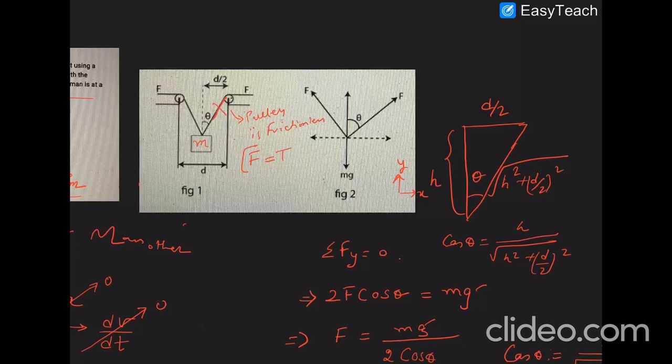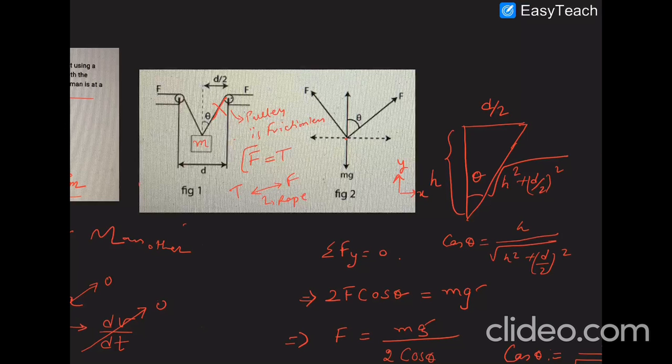If you cut anywhere at that point, on one side you have force, on the other side you have tension, and tension acts away from the body when you are drawing the free body diagram of a rope. Similarly, if you draw the free body diagram of the mass, you have two forces acting, as the pulleys are frictionless, and at the same time you have a mass mg acting vertically downward.